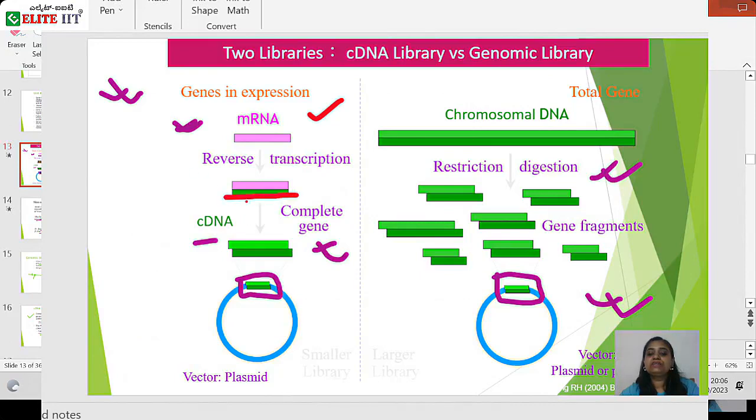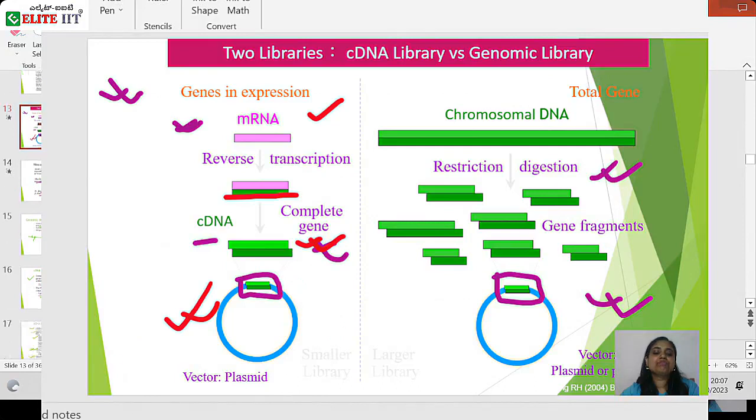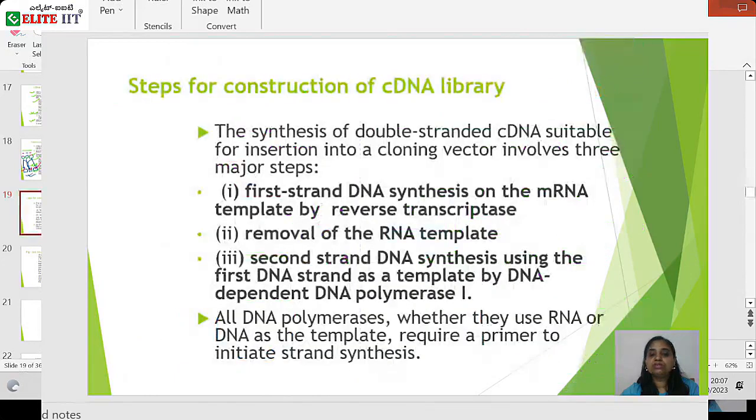Now single stranded DNA is converted to double stranded DNA by replication. Okay, and finally you have to construct the recombinant by joining it with a plasmid. Okay, and now transfer it to any host cell, nothing else.